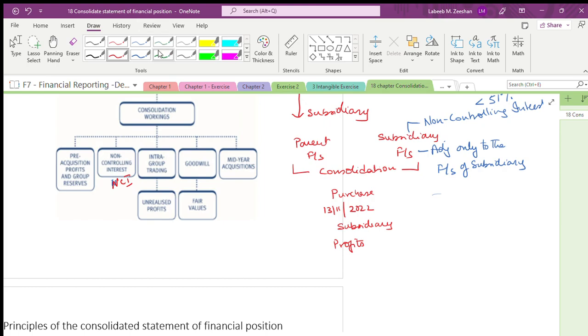Now whatever the profits there before 13/11/2022, these profits are called pre-acquisition profits, before acquisition. And the profits after are called post-acquisition profits.